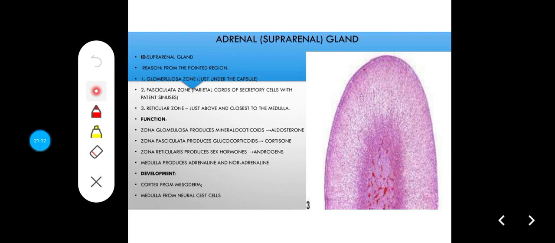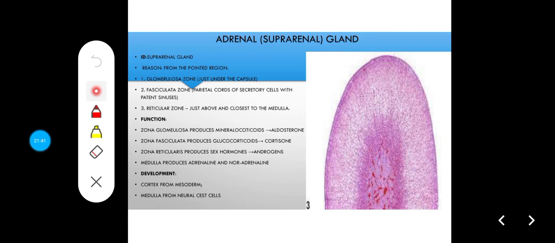And then the functions: zona glomerulosa produces the mineralocorticoids, which is aldosterone. Zona fasciculata produces glucocorticoids, which is cortisol. And then zona reticularis produces majorly sex hormones, which are androgens. The medulla produces adrenaline and noradrenaline.